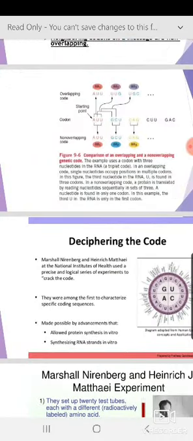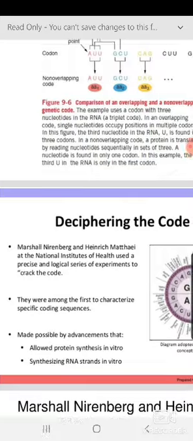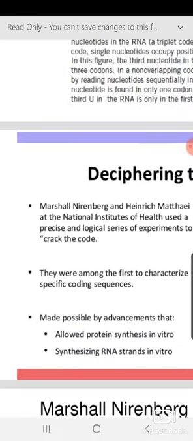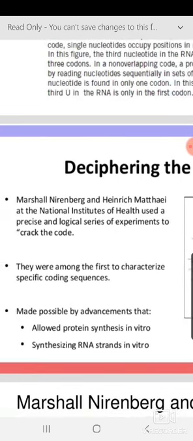Now we'll start with deciphering the code. To understand that, we need to know a few scientists and their experiments and how they concluded from them. We need to know Marshall Nirenberg and Heinrich Matthaei. They did this experiment at the National Institutes of Health, NIH, USA, and used a precise logic and a logical series of experiments to crack the code.